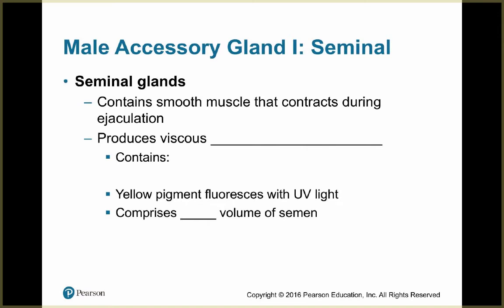So the seminal gland is on the posterior bladder surface. It contains smooth muscles that contract during ejaculation. And it's important because it produces viscous alkaline seminal fluid.